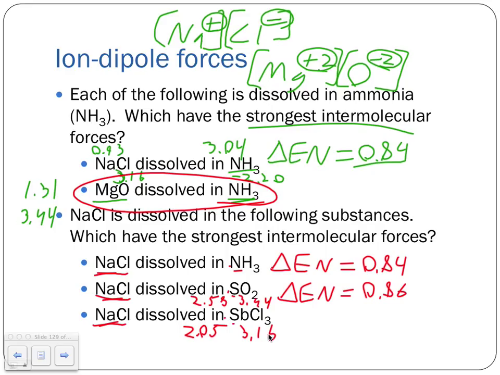So we'll say 3.16 minus 2.05, which gives us a difference of 1.11. Based on this, our ion-dipole forces should be strongest for the one that has the highest polarity, and the one with the highest polarity here is that antimony trichloride, SbCl3. And so that means this one is going to be our situation that has the strongest intermolecular forces that are ion-dipole forces.